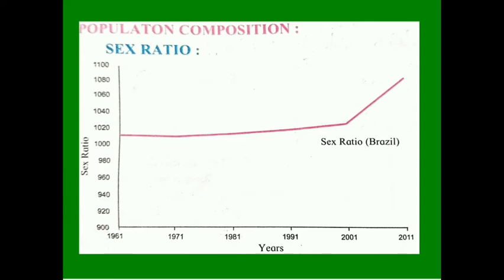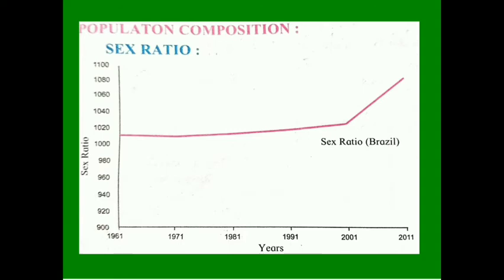The same is seen for the years 1971, 1981 and 1991. But in 2001, we can see that there was a sudden increase in the female population of Brazil. So, to summarize, we can say that the female population of Brazil is always more than the male population.